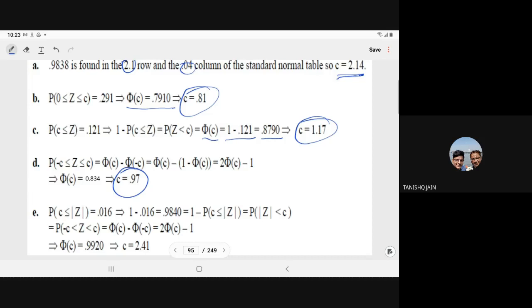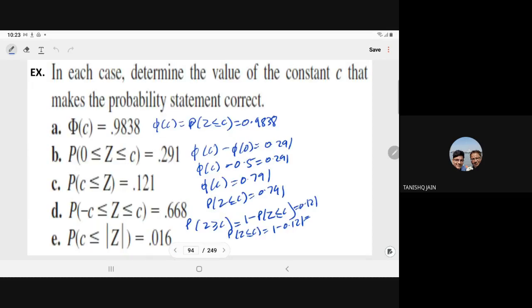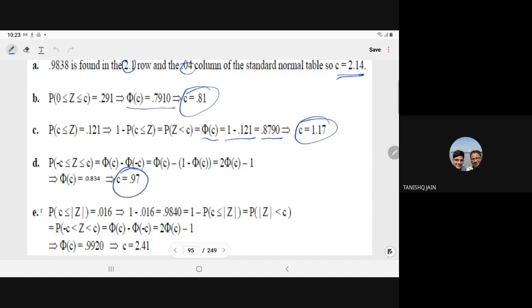Clear? Similarly, if you have to compute probability C less than or equal to mod of Z, subtract both sides from 1, so 1 minus 0.016 is 0.9840, which equals 1 minus P of C less than or equal to mod of Z. This can be written as probability mod of Z less than C, which is probability Z lies between minus C and C. So phi of C minus phi of minus C equals 2 phi C minus 1.